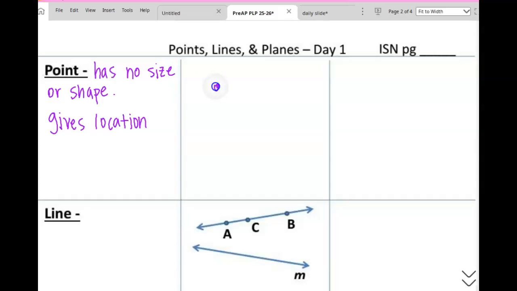Now, if I am in space and I have these 3 points, how can I name them if there's nothing on there? Yep, we have to have letters. So that is how you name points. And it's very specific. It's capital letters. But how many capital letters for each point? 1. So that's how you name it. Name with 1 capital letter.